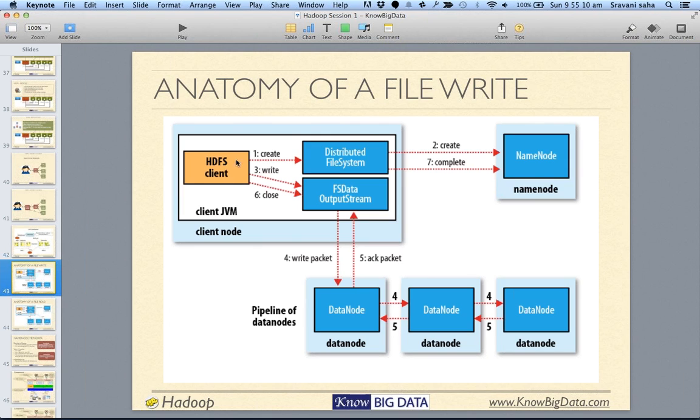After following that instruction, the client goes to the data node and starts writing, and this data node starts replicating each block. The client library will slice the file and start writing the first block onto a data node, then second, third, whatever blocks there are, and the data node will start replicating it onto other machines.